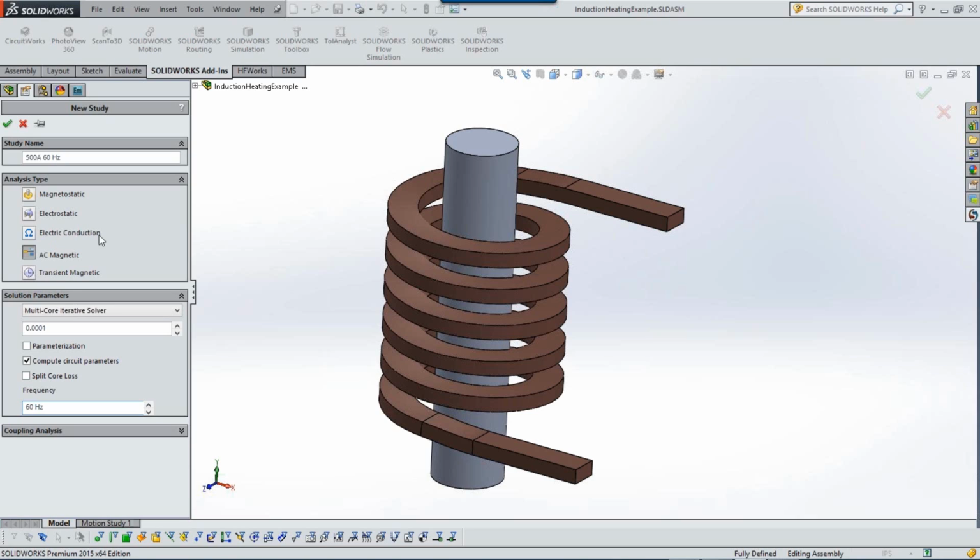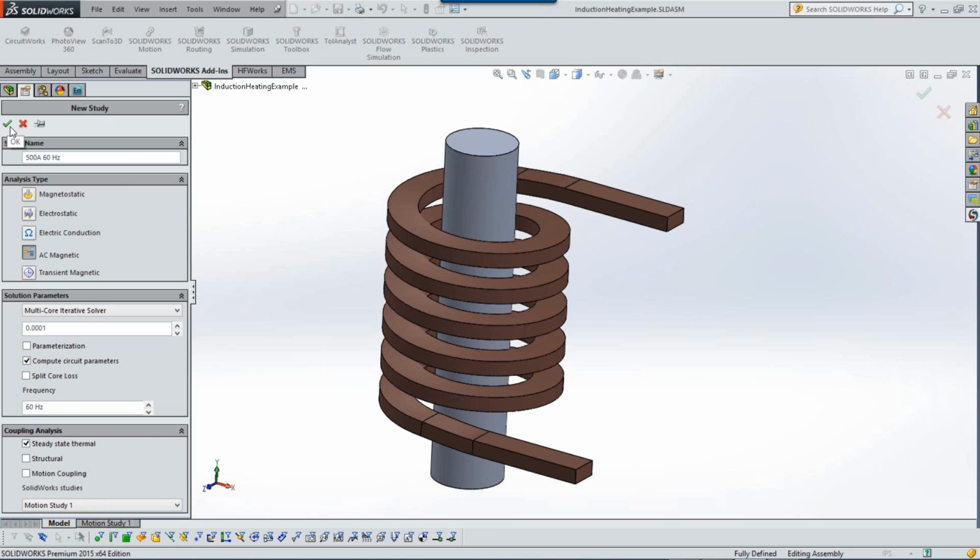And finally, we also have two more solvers. Electrostatic helps you to visualize the electric field in your domain, and electric conduction helps you to understand the resistance of complicated geometry. So these are the 5 types of solvers that come inside EMS. And as far as coupling is concerned, EMS has the capability to couple with thermal simulation, which is what we will do now. It also has the capability to couple with motion and structural.